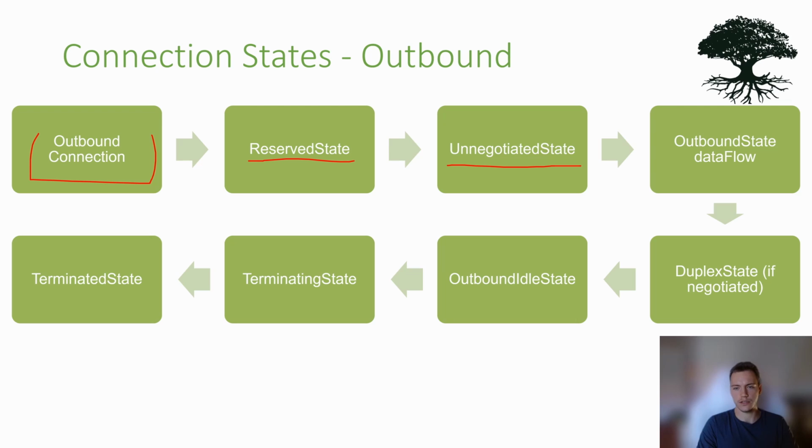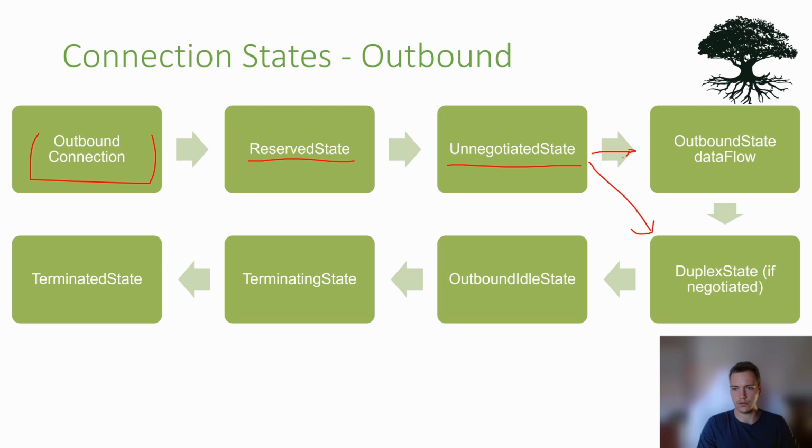Then the connection goes to an unnegotiated state, which means negotiation is currently taking place. So the nodes are talking to each other and agreeing on the protocol version they're going to use for the connection. And then we can progress to either an outbound state or a duplex state.